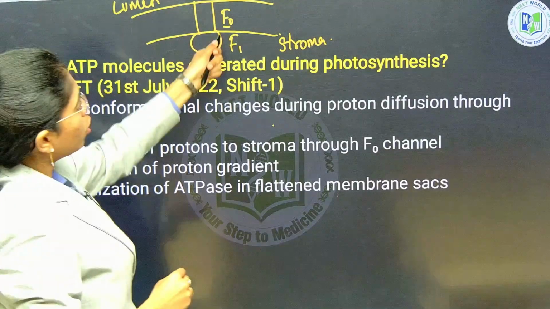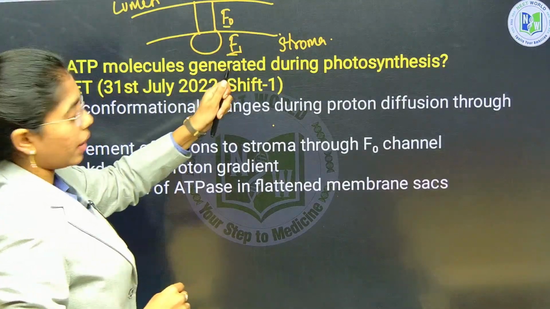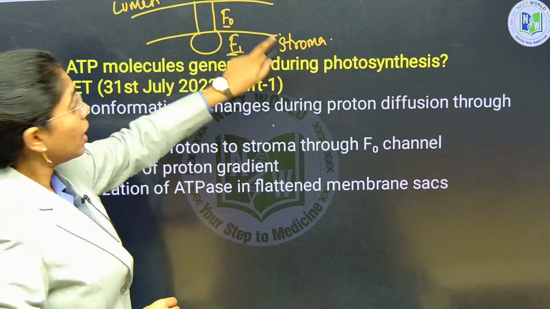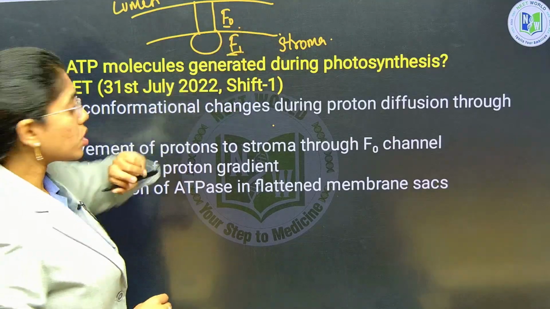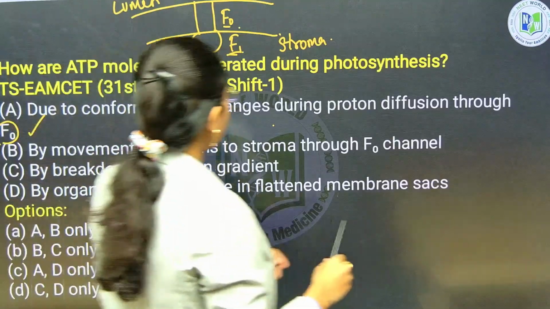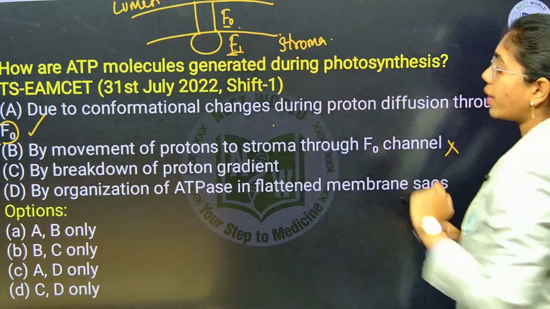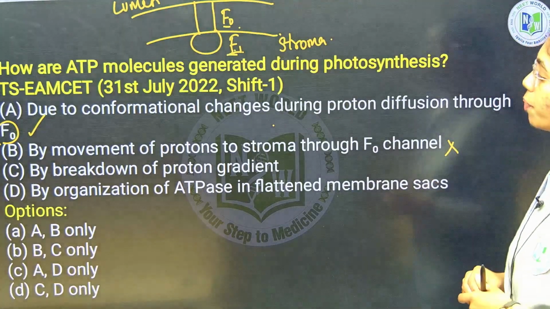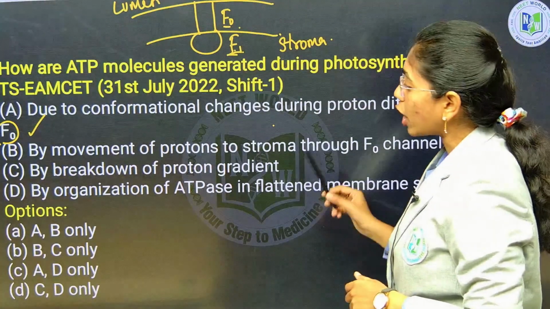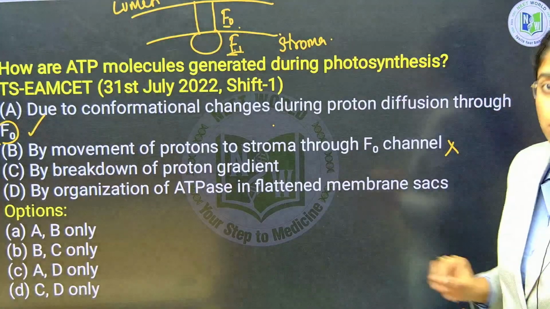By movement of protons to stroma through F0 channel, but here, to the stroma it is F1; inside the stroma it is F1, inside the thylakoid lamella it is F0. By movement of protons to stroma through F1 channel, to stroma it is F1 not F0. By breakdown of proton gradient, it is across the gradient not against the gradient.